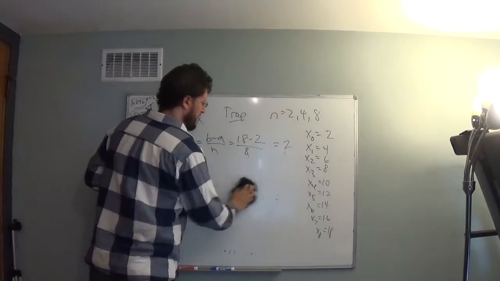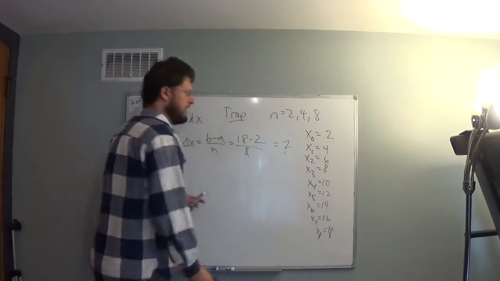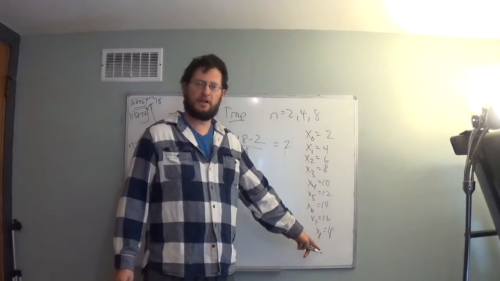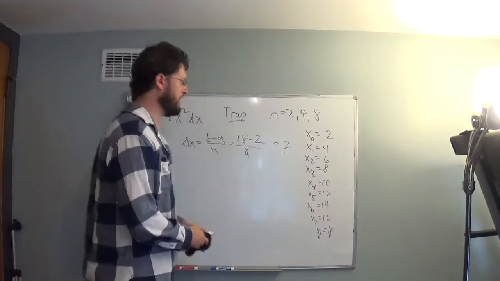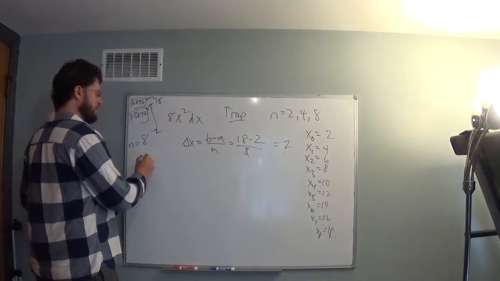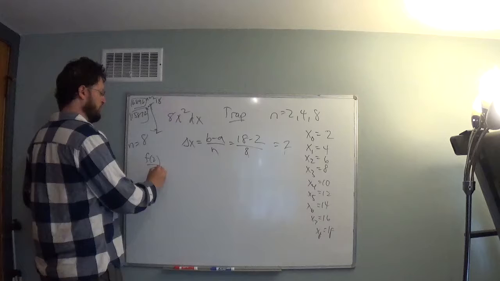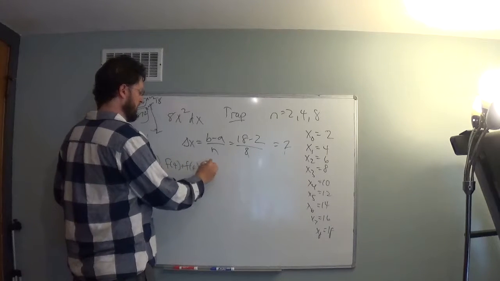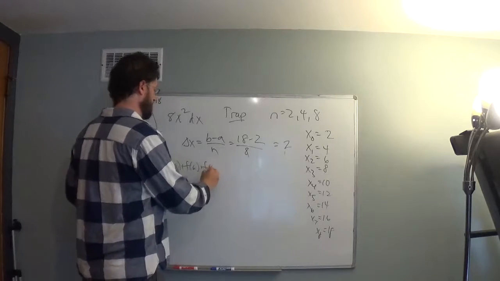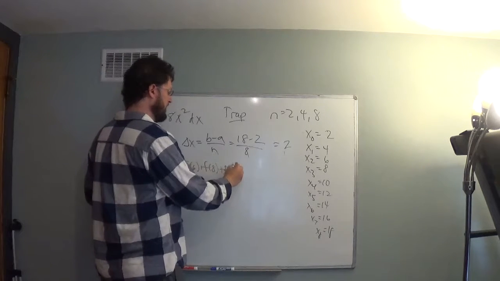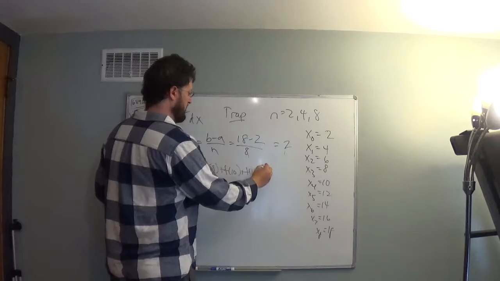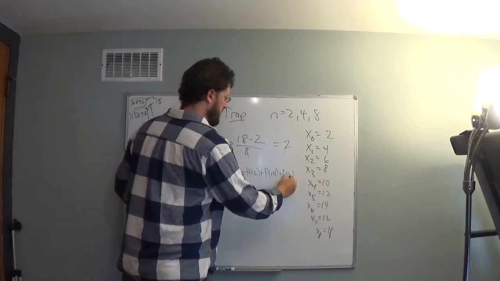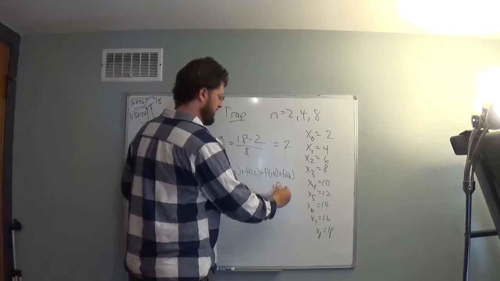I'm going to erase the formula so I have some space here, but remember, it's just the first one and the last function value evaluated then divided by 2, and the rest just function values added up. So this will be f at 2 over 2 plus f at 4 plus f at 6 plus f at 8 plus f at 10 plus f at 12 plus f at 14 plus f at 16 plus f at 18 all over 2.